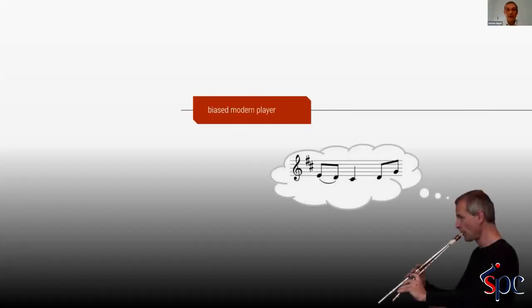And then there's the bias that is introduced by the modern player. If I make a replica and play it, I'm involuntarily and unconsciously driven to modify the intervals, the notes, to what I'm used to hearing in modern music. I will adjust the semitones, the tones, and that's so easily done.